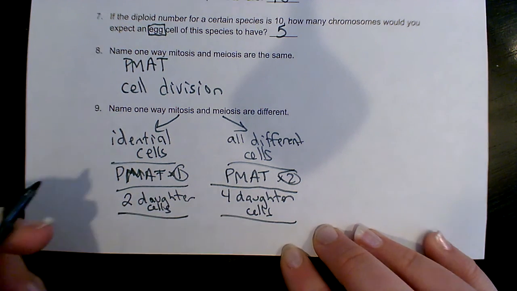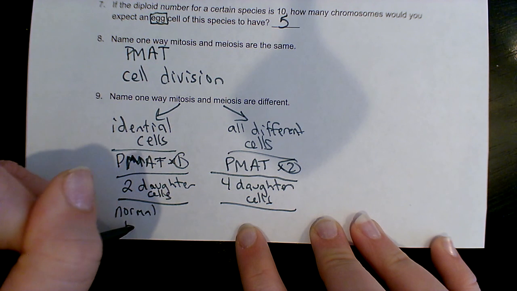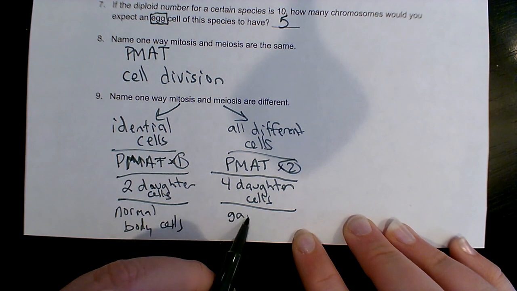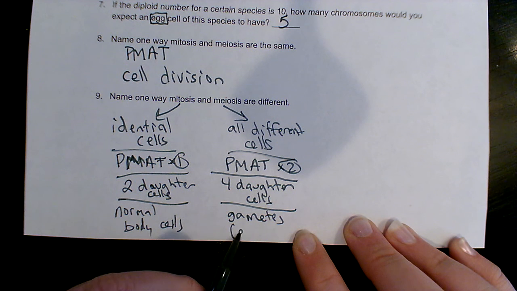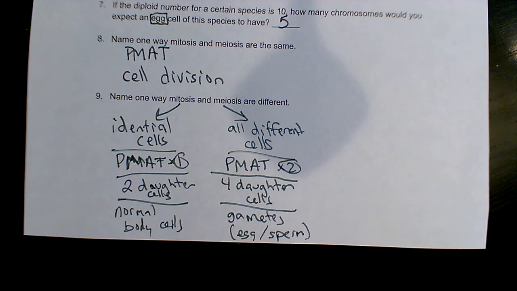We could say mitosis makes normal body cells, and meiosis makes gametes, which remember is egg and sperm. Any one of those differences would have been a really good answer for how mitosis and meiosis are different.